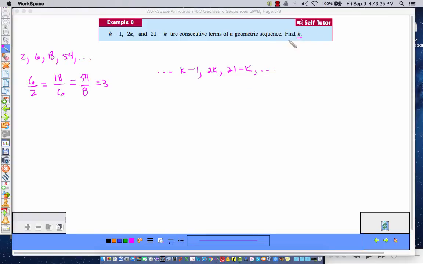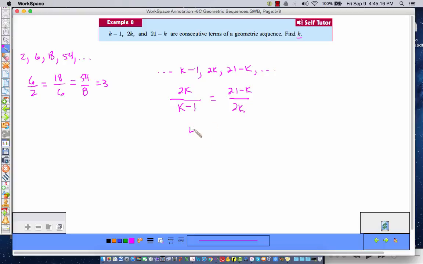But we have to find k. So what we're going to do is write common ratios. So we're going to take a term compared to the previous term, 2k over k minus 1, and that's going to be equal to 21 minus k compared to its previous term, 2k.